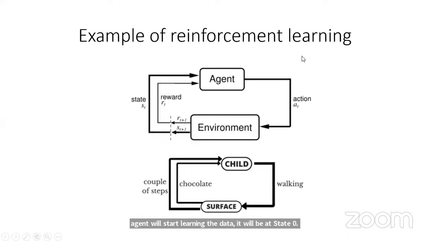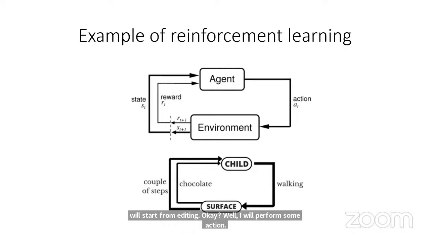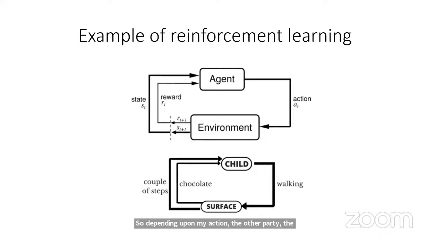Now the agent will perform some action. Like if I am playing chess, how will I start? I will play, I will perform some action. Depending upon my action, the opposition will take some action.